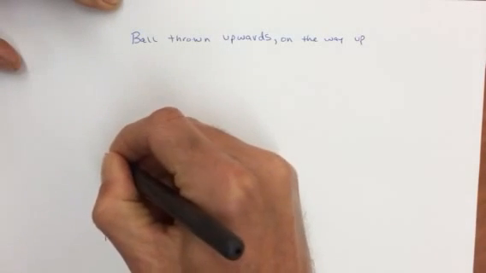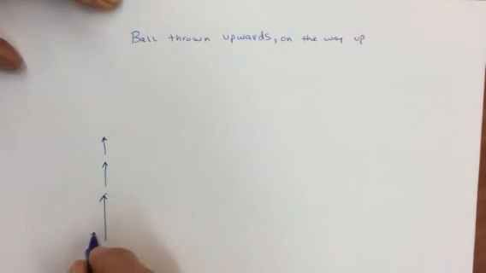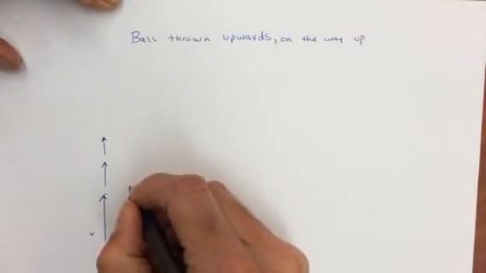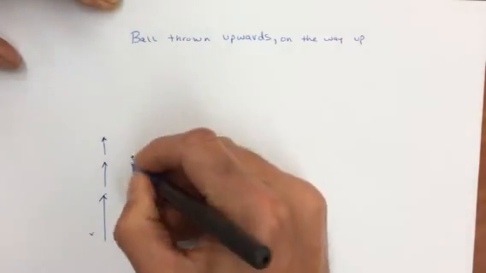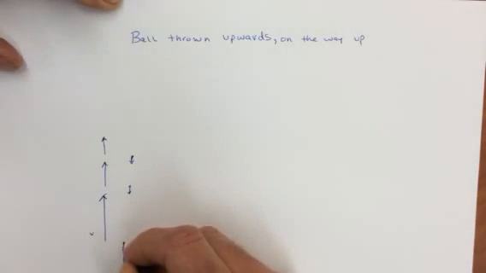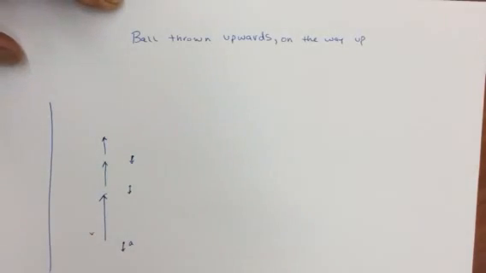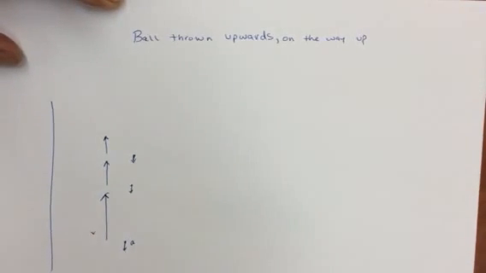So it's launched upwards with a velocity, but the velocity never gets down to zero. Okay? And during that entire time, you should know that the acceleration is always down. Right?